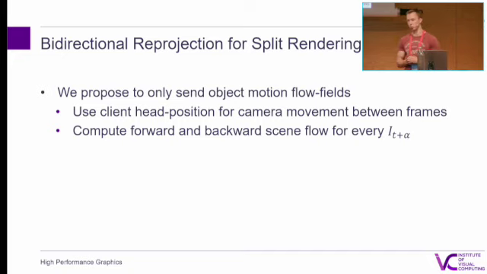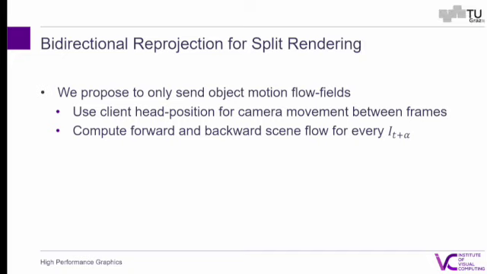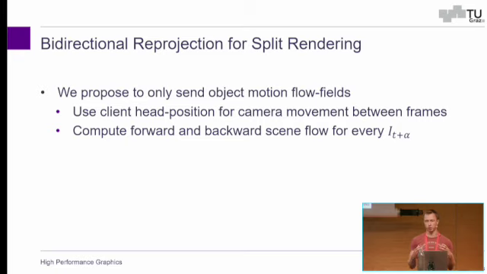Therefore, we propose to decouple the scene flow into an object-motion-only flow field, and the camera motion is then handled by the client. The object motion is sent by the server to the client, and we then use this together with the current head position.